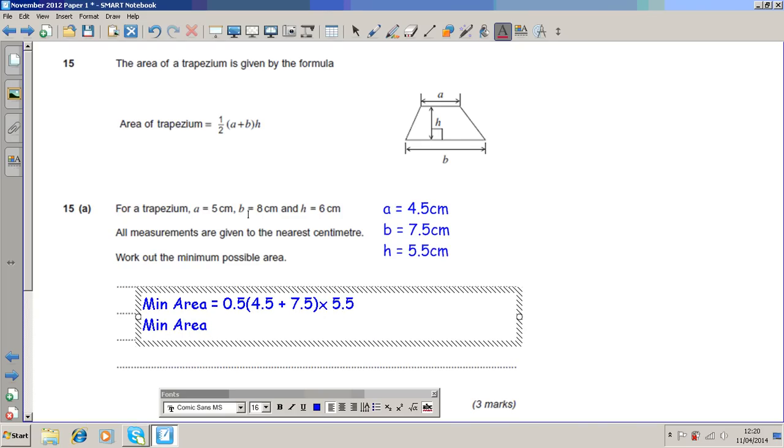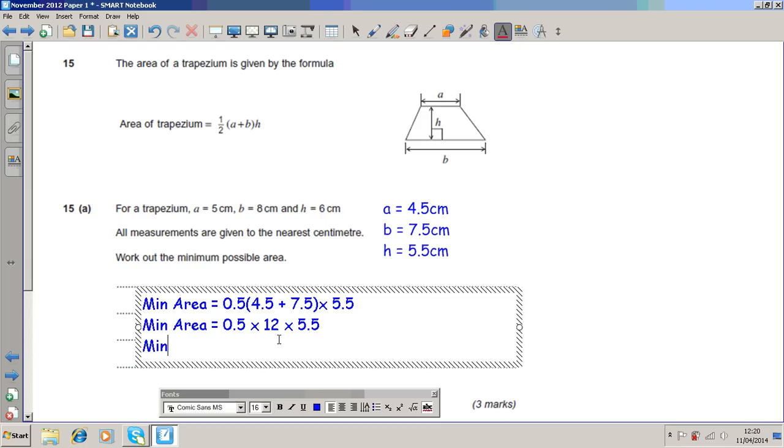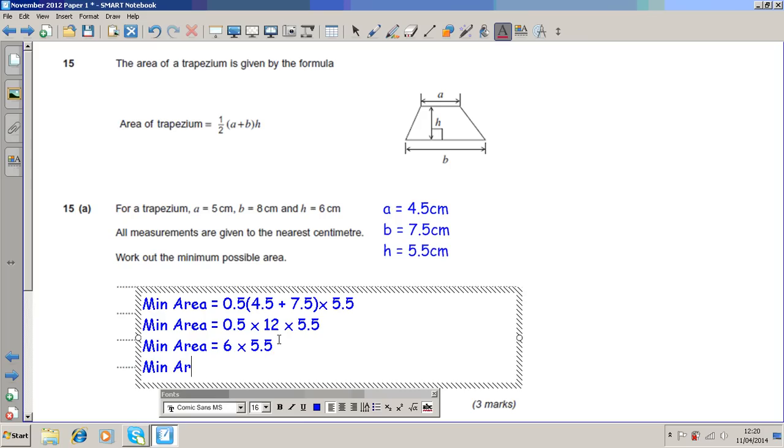So 4.5 plus 7.5 is 12. So 0.5 times 12 times 5.5. One half of 12 is 6, times 5.5 is 33 centimetres squared.